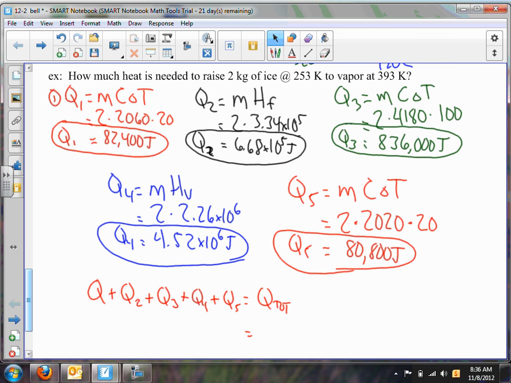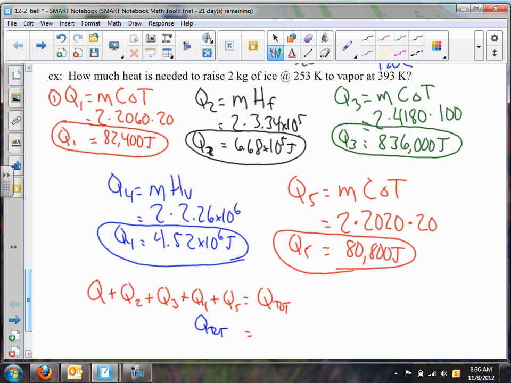And when you add those together, 82,400 plus 6.68 times 10 to the 5th plus 836,000 plus 4.52 times 10 to the 6th plus 80,800, it should only be one significant digit according to the problem, but I'm going to leave it as 3.